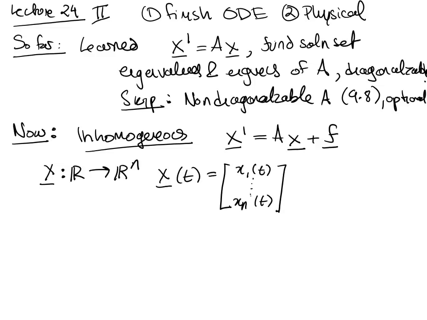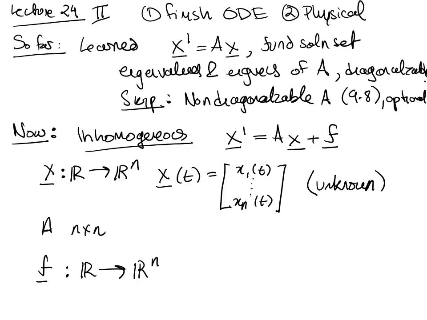A is an n by n matrix, x is the unknown function, and f is a fixed function from R to R^n that we're given as part of the problem. And the question is to find an x satisfying this equation for a given f.